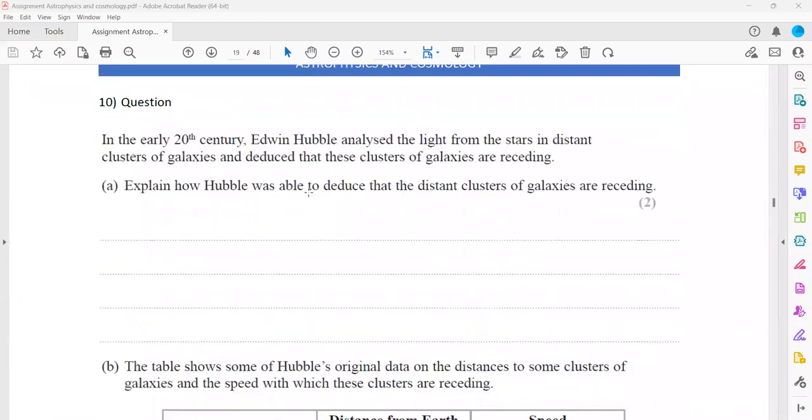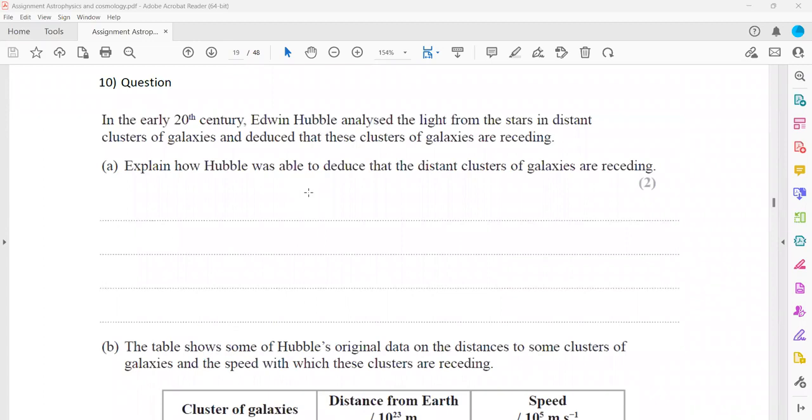In question 10, in the 20th century, Edwin Hubble analyzed the light from distant clusters of galaxies and deduced that these clusters are receding. Explain how Hubble was able to deduce that the clusters of galaxies are receding. He observed the light from the galaxies to show a redshift, due to the Doppler effect.